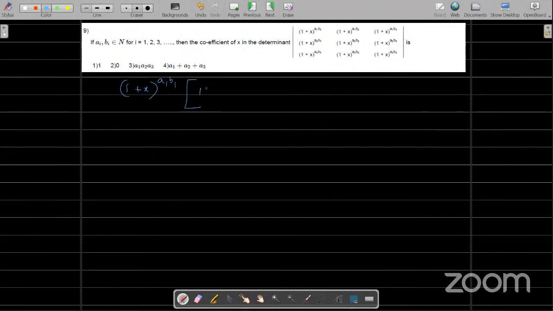So when you do this, 1 plus x to the power of a2 b2 minus 1 plus x, I think this will be a brute force method. Can you see some pattern? a3 b2 into 1 plus x a2 b3. That's your first term.